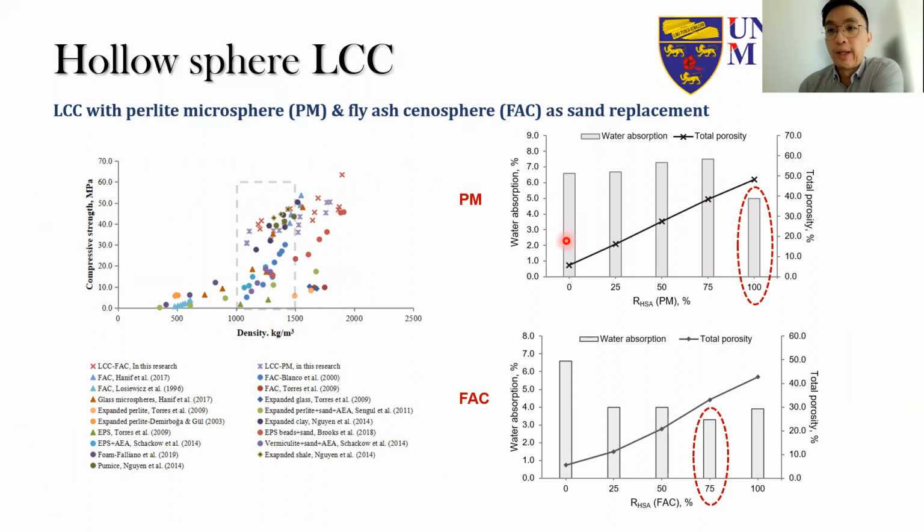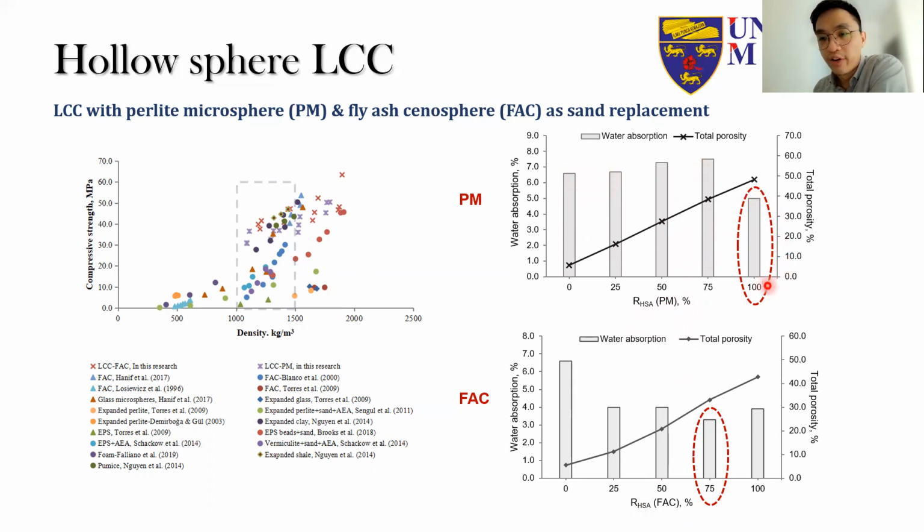And interestingly, when we look at the water absorption of this material, as mentioned before, the water absorption of lightweight materials is usually an important consideration, because for normal lightweight concrete it is usually quite high. But in this case, we can see that when we utilize perlite microsphere and also fly ash cenosphere as a replacement of the sand, the water absorption would not be substantially increased for the case of perlite microsphere.